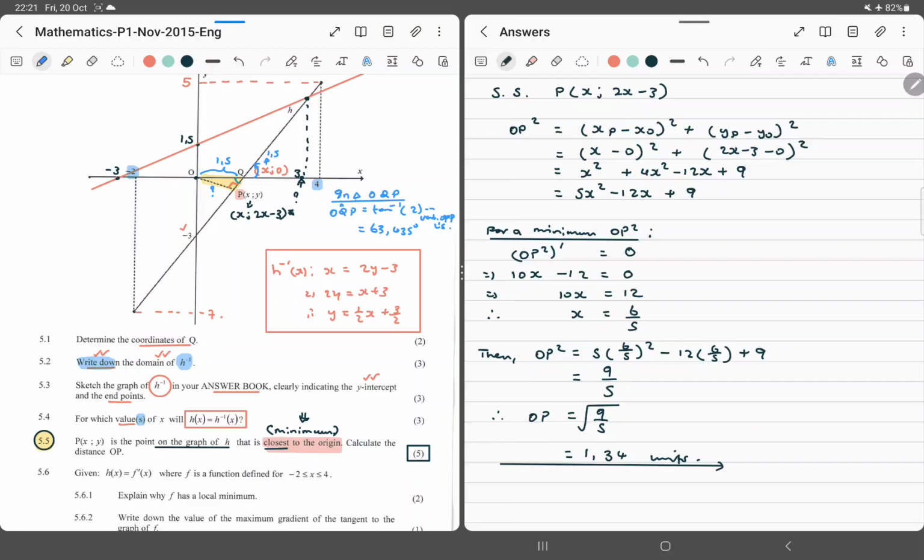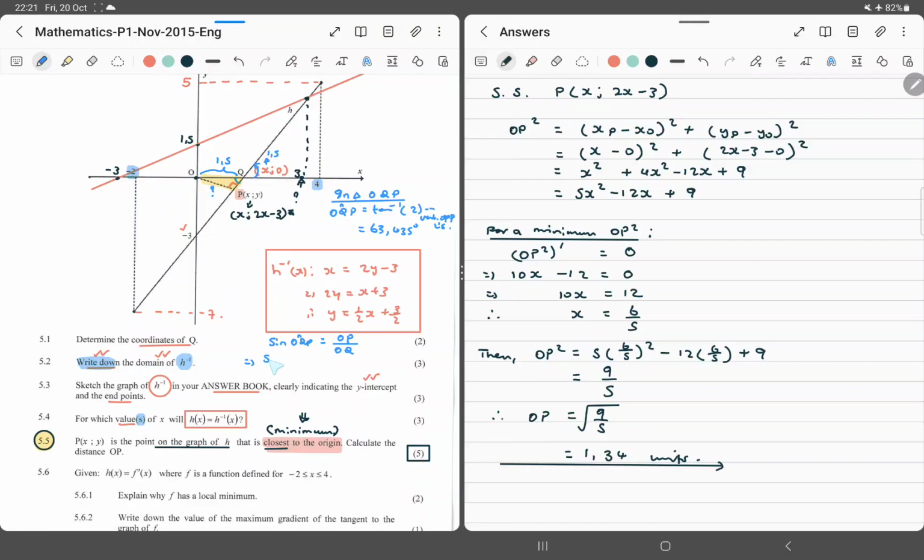63,435 degrees. Remember, this says we're rounding off to 2 decimal places, so I'm going to keep a bit more so that I don't lose my accuracy there. Now we can see that in that triangle, we essentially are looking for the opposite. We've got the angle, we've got the hypotenuse. So we can say sine of this angle OQP is going to be the opposite OP over the hypotenuse, which is OQ.